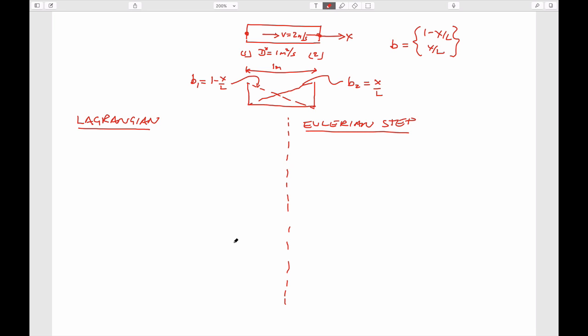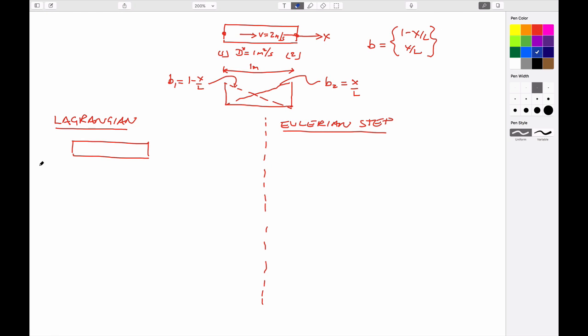Okay. So the idea for the Lagrangian step is that we are going to take this geometry and we're going to put in a little mass of something at this point here, which is equal to our upstream boundary condition.